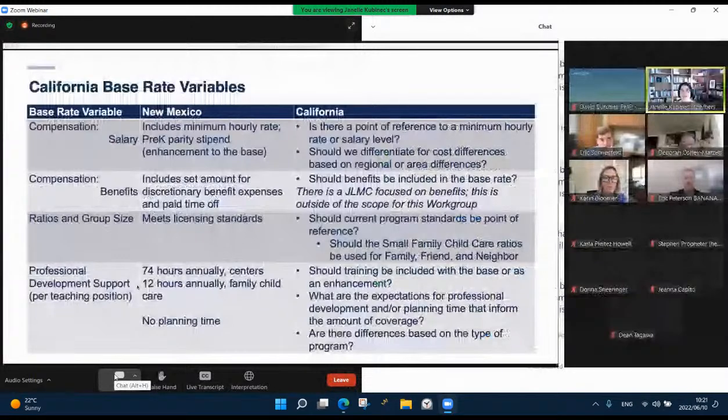Increase the rates, period. And if you want to put an inclusion in there, such as an additional rate for providers who, I don't know. I just really think you have to increase the rates, period.